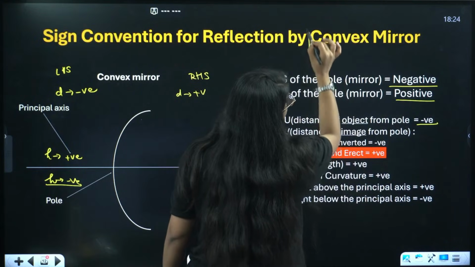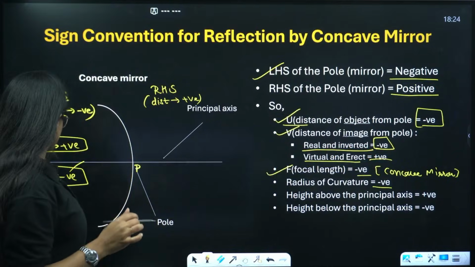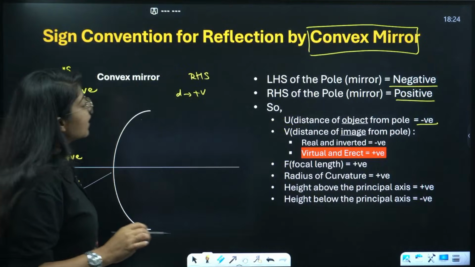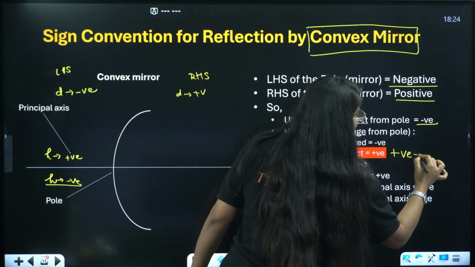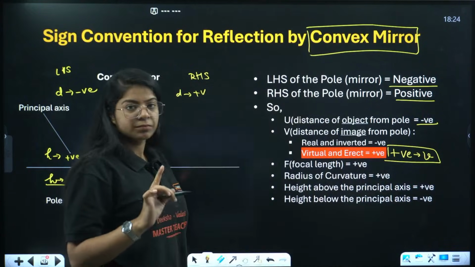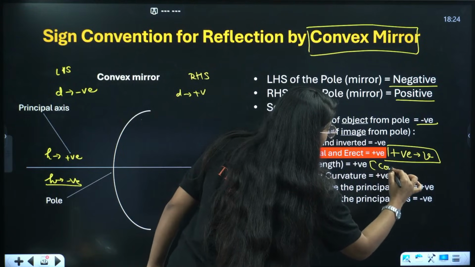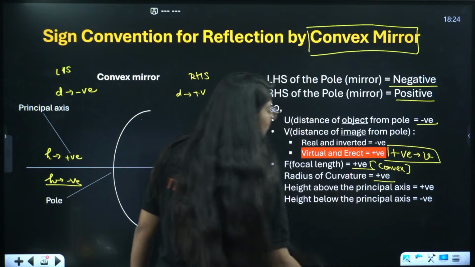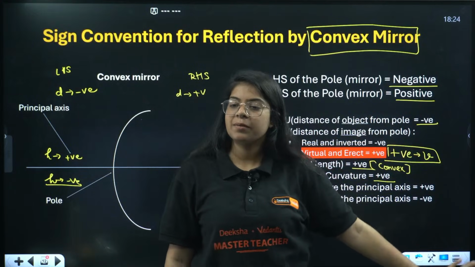In case of convex mirror, the image formed is always virtual and erect. We studied, right? And for virtual and erect, V is always positive for mirrors. ठीक है, then focal length of convex mirror is always positive, radius of curvature positive, height above the principal axis positive, below the principal axis negative.